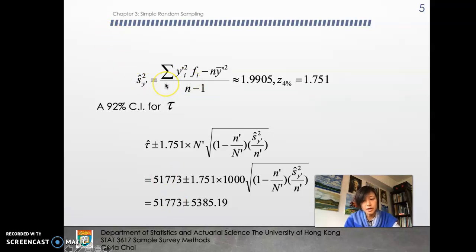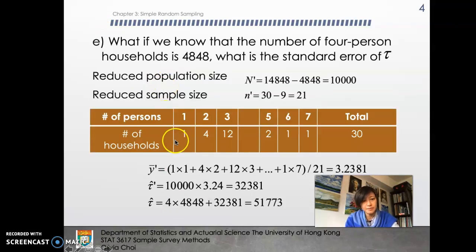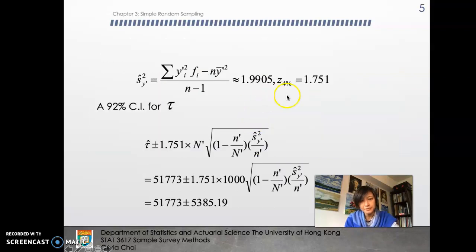So we need to recalculate the new variance for my sample without the 4-person households. It's around 1.9905. The critical value at 92% confidence is 1.751. So putting everything together, we find the new confidence interval for tau.